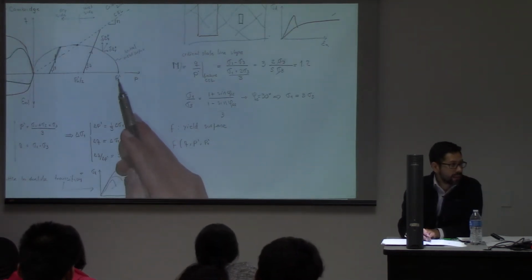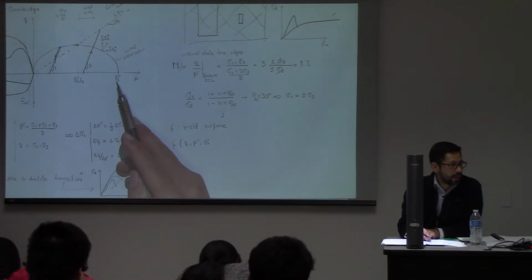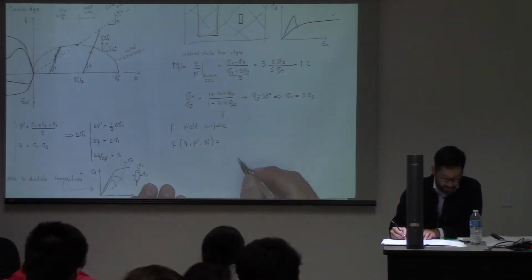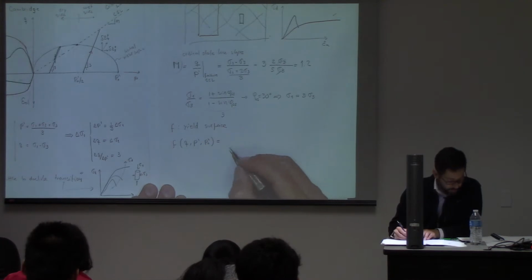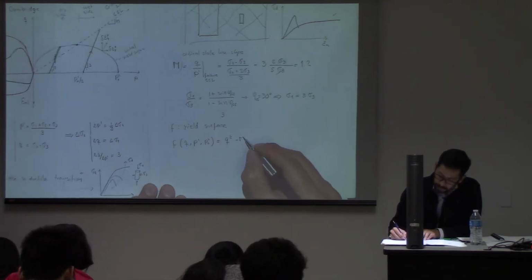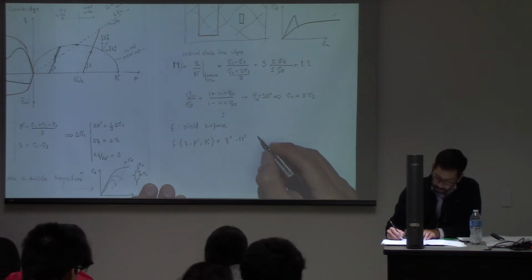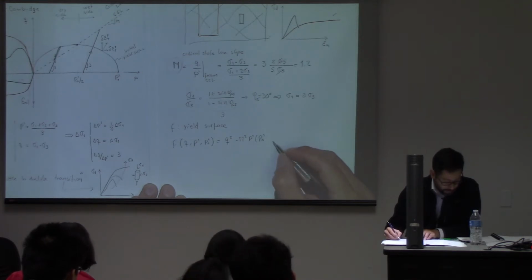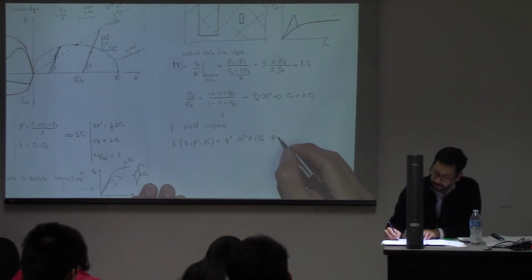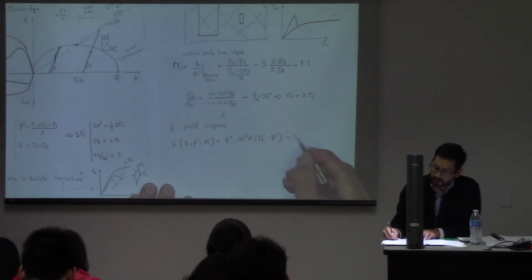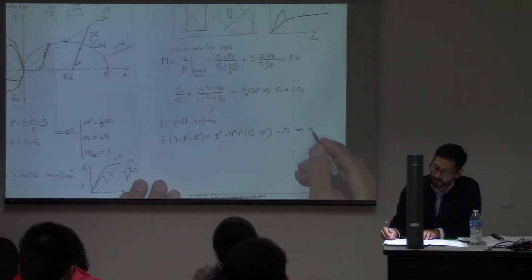In order to define the size of that ellipse, I need to know what is P0 prime. So the yield surface function is going to be Q squared minus M squared times P prime, P0 prime minus P prime. Whenever this is equal to 0, that means that it's at yield.